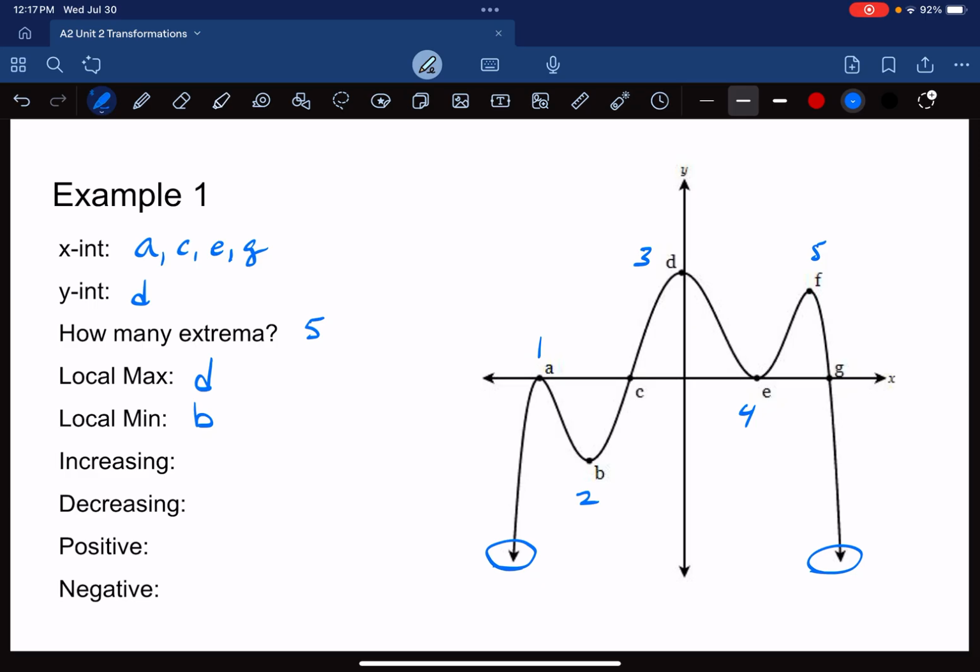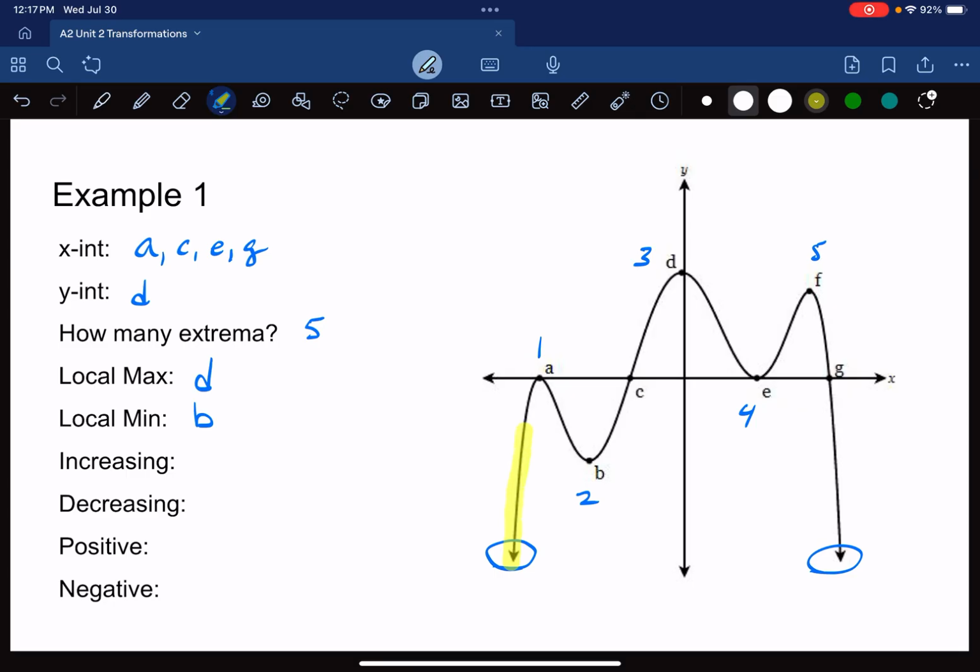Now, these are tricky right here, so you've got to be very careful. We're talking about increasing, decreasing, positive, and negative. So we're going to write intervals where these things are occurring. Okay, we're going to use interval notation, like we've studied. So it looks like the graph in this section right here, I'm just going to highlight all the sections I think are increasing.